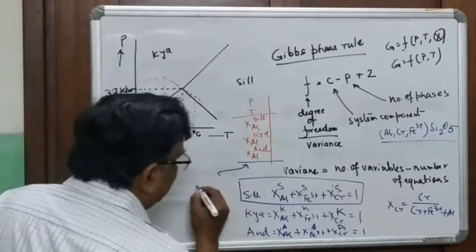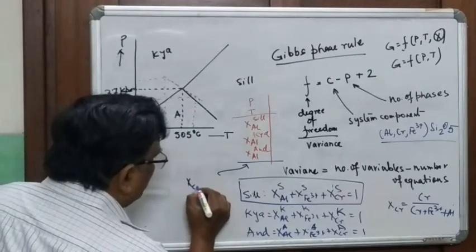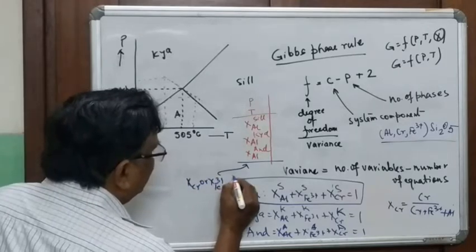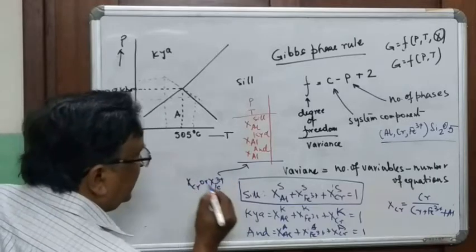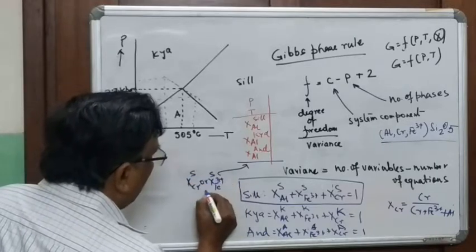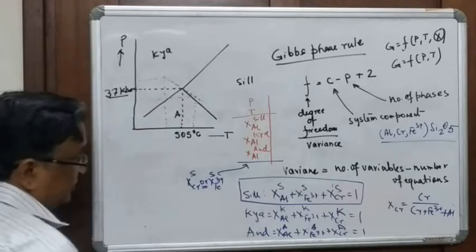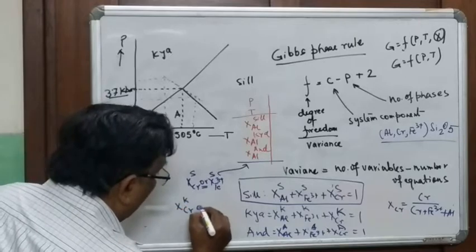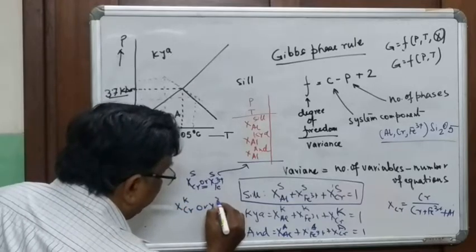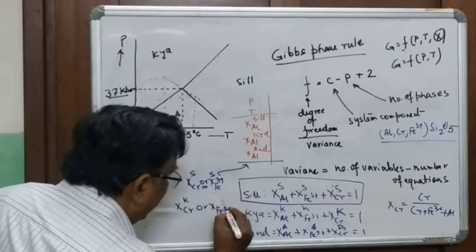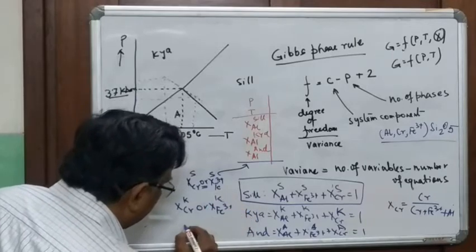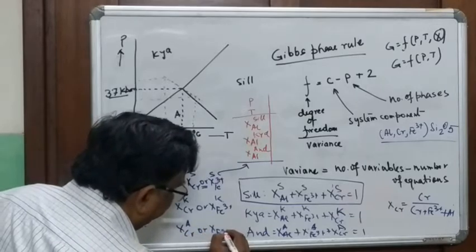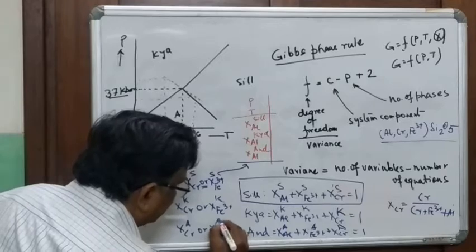Now we add X chromium or XFe3 plus in sillimanite, or X chromium kyanite or XFe3 plus kyanite, X chromium andalusite or XFe3 plus andalusite.